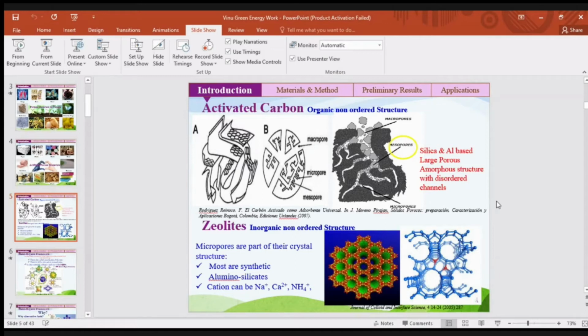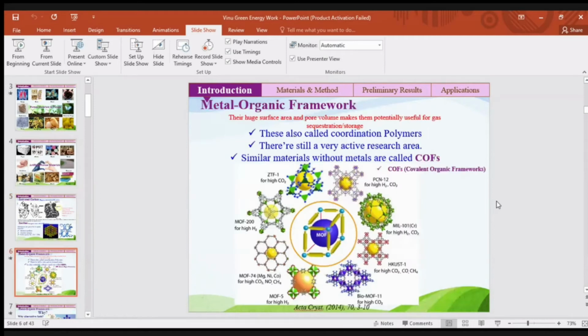These are some zeolite examples. When you go to metal organic frameworks, their huge surface area and porous volume make them potentially useful for a large range of applications, mostly storage applications. These are also called coordination polymers.